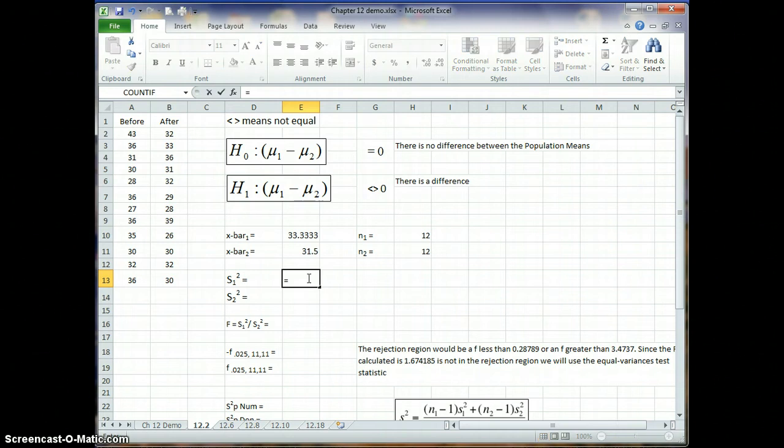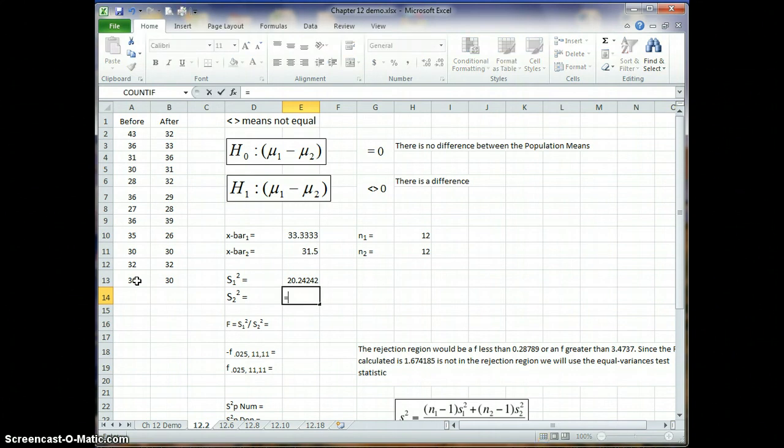Now we can go in and figure out the variance. So equal VAR, and what we're going to take here is the VAR.S, that estimates variance based on a sample, ignores logical values, text and samples. So I'm going to double click here, and then I'm going to select the before, and that should give us 20.24242.